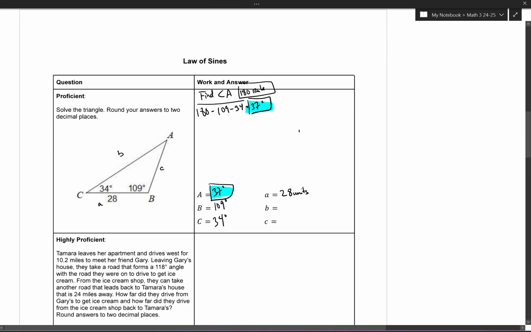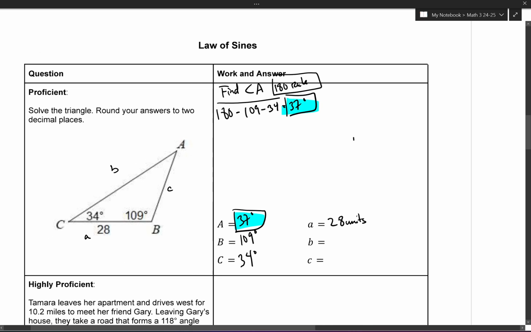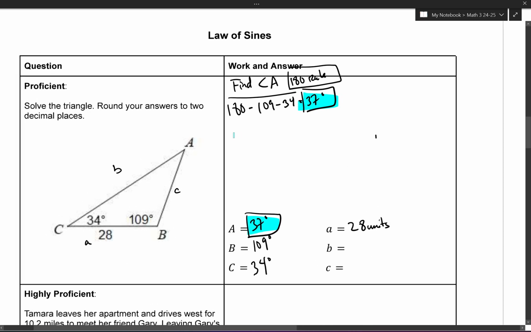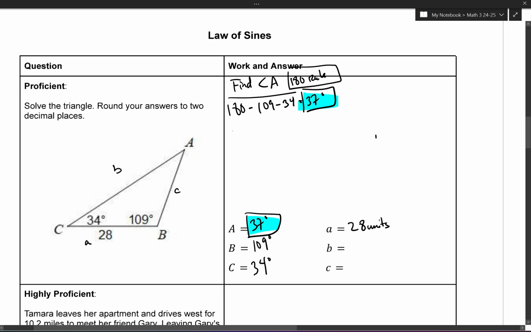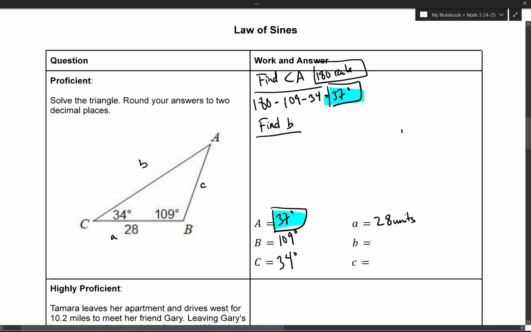Okay, side B. Let's just go in order, I guess. Let's find side B. Always start with what you're looking for.